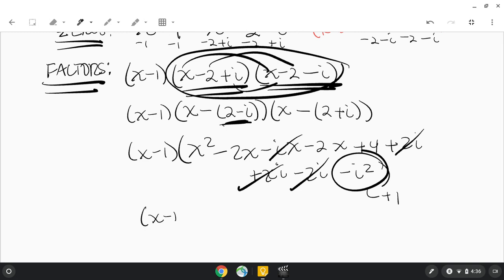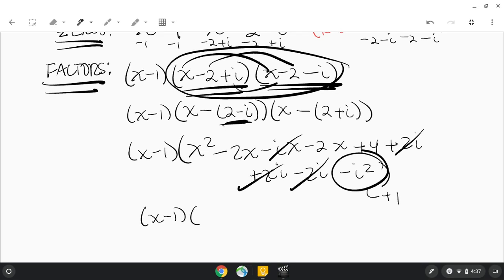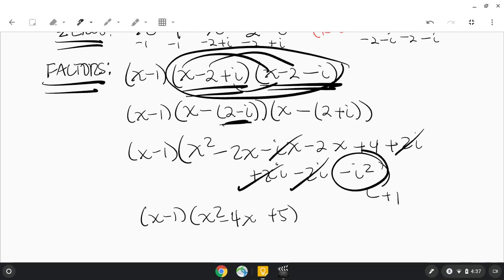Okay, so then what I need to multiply next is x squared minus 4x plus 5. That's when we combine like terms. I have x squared right there, and then I combine my negative 2x and negative 2x right here and here.